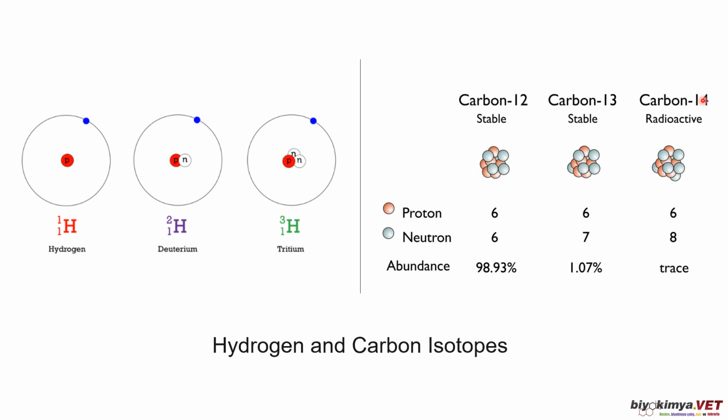A single element in the periodic table can have more than one isotope form, as you see here for hydrogen and carbon. Carbon-12 and carbon-13 are the stable ones, and carbon-14 is the less stable one, which is radioactive. And carbon-14 has the longest half-life.